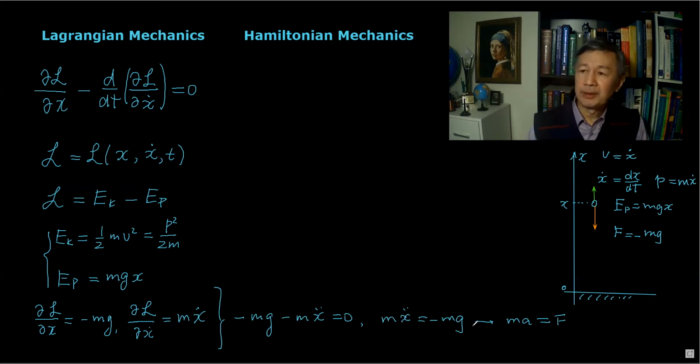Briefly, let's talk about Hamiltonian mechanics. Unlike the basic equation of motion, in Hamiltonian mechanics the general equation of motion can be simply written as a pair of differential equations.